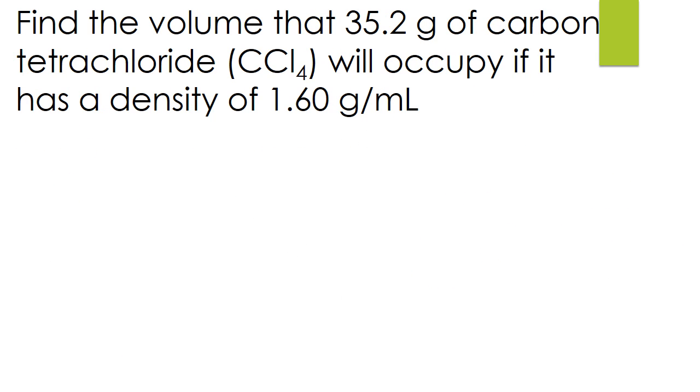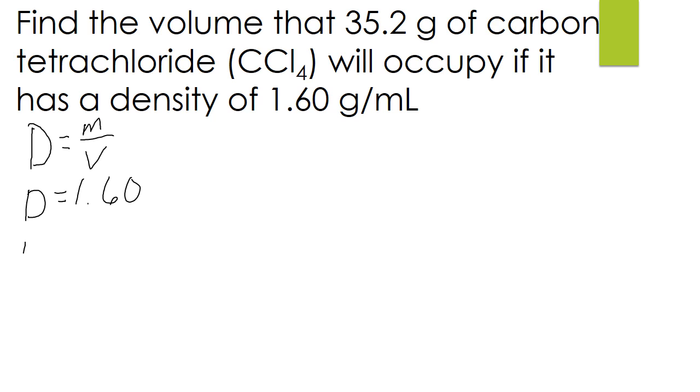All right, moving on. So if I want to find the volume that 35.2 grams of carbon tetrachloride, that's going to be carbon with 4 chlorines, will occupy if it has a density of 1.6 grams per milliliter, we'll set this one up the same way. D equals M over V. I want the volume. I know the density is 1.6.